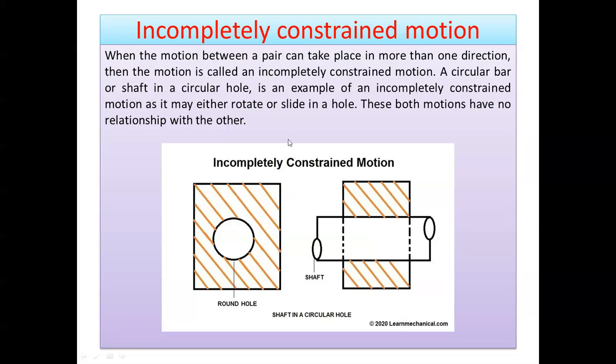So when the motion between a pair can take place in more than one direction, the motion is called incompletely constrained motion. For example, a circular bar or a shaft in a circular hole is an example of incompletely constrained motion, meaning the shaft may rotate or it may slide in the hole.